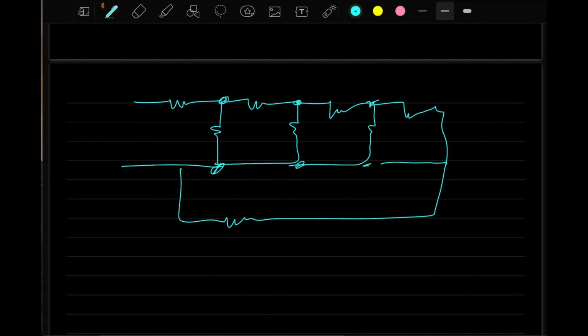So it's better to go for mesh analysis. Do not mix different methods together; whatever you find is the best method to solve the circuit, take that approach, unless we are specifically telling you to solve by a particular method. Okay?